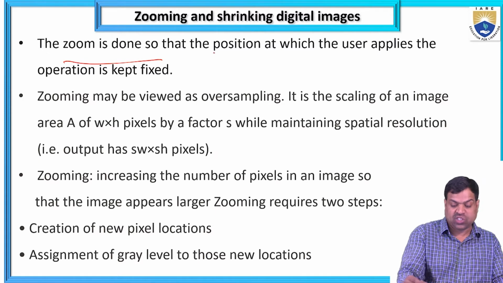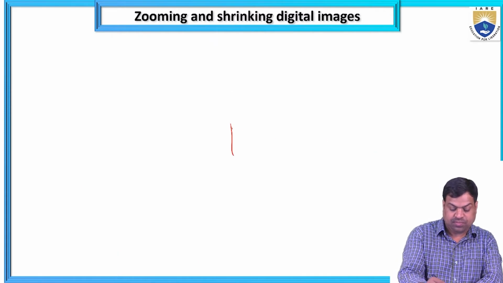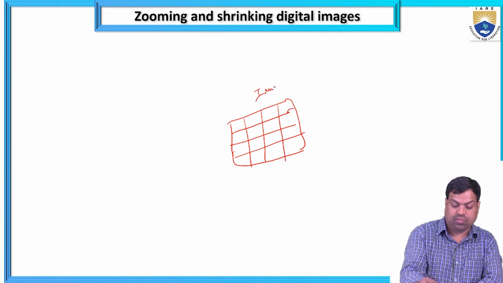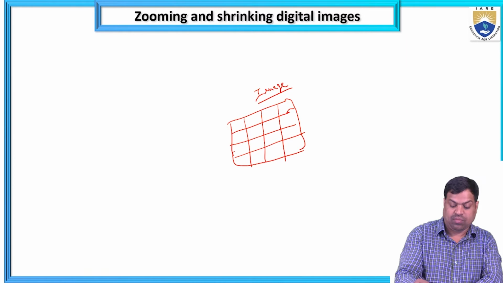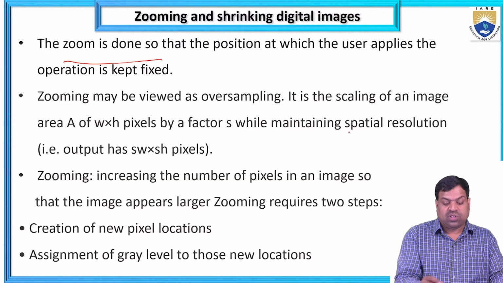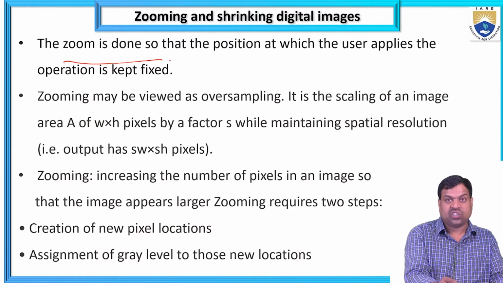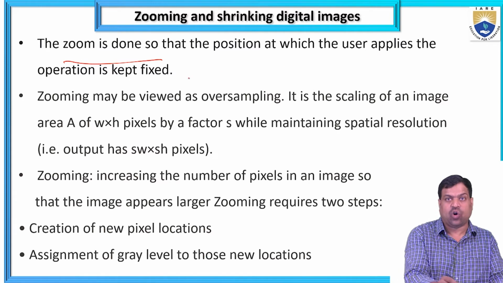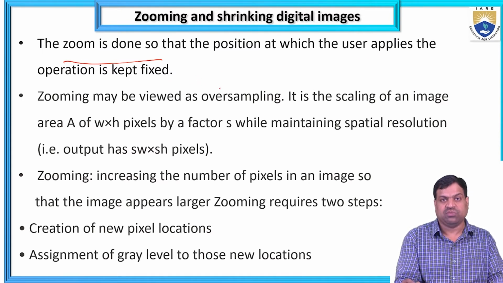So if I'm applying the zooming, for example on one image, the operation is kept fixed on the image with pixels.